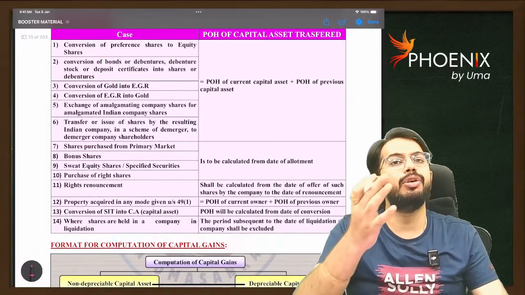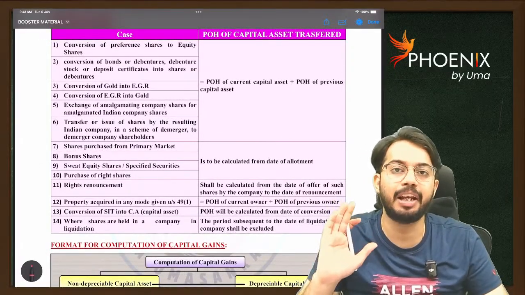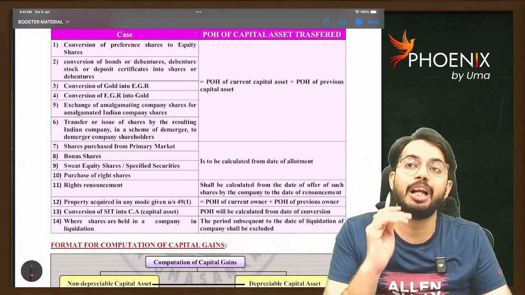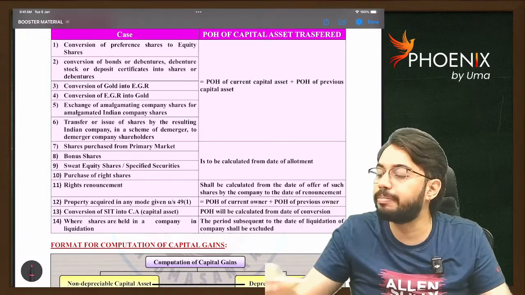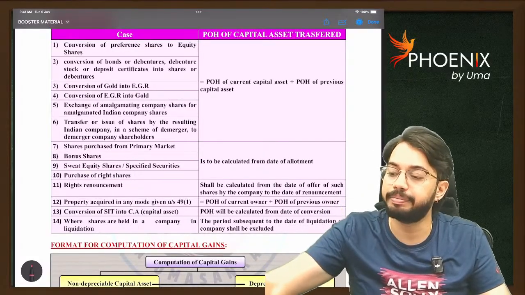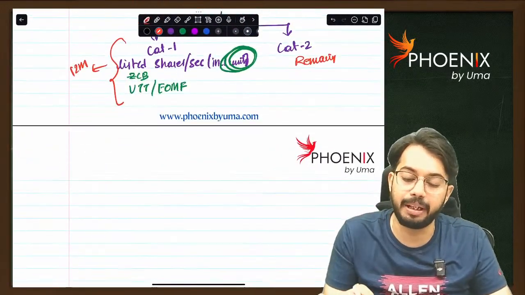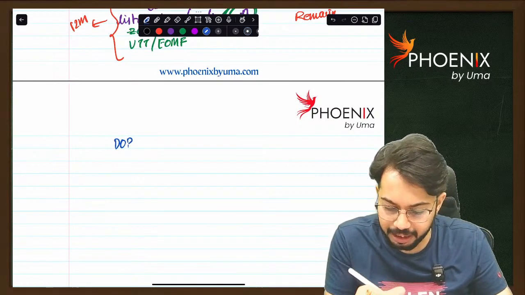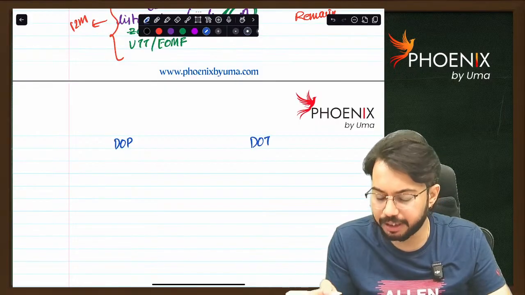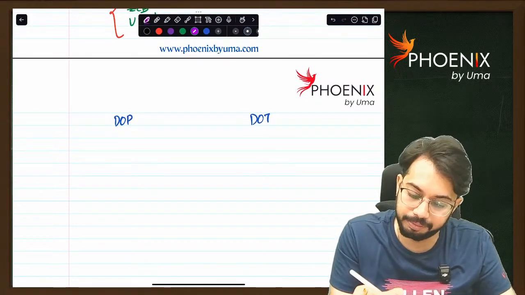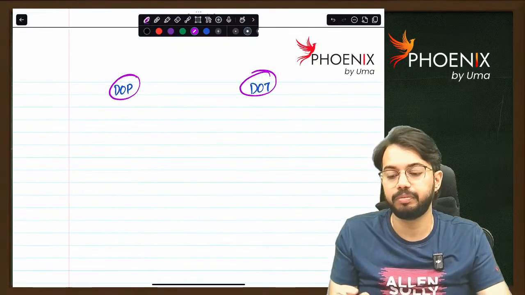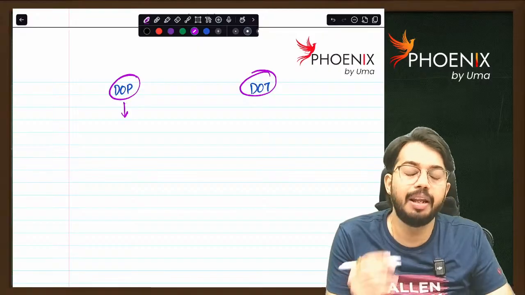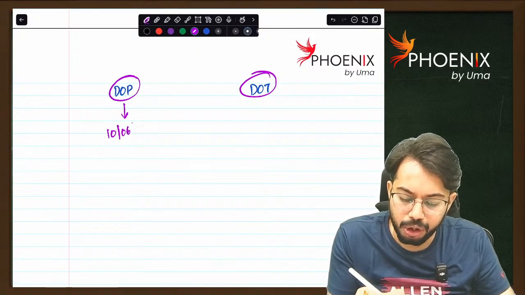Next, period of holding. You know period of holding, right? Period of holding will be calculated from date of purchase up to the date prior to the date of transfer. That means date of transfer is excluded from the definition of period of holding. I will tell one small example. Date of purchase, date of transfer. Now, let's say I purchased on 10th June 2021.